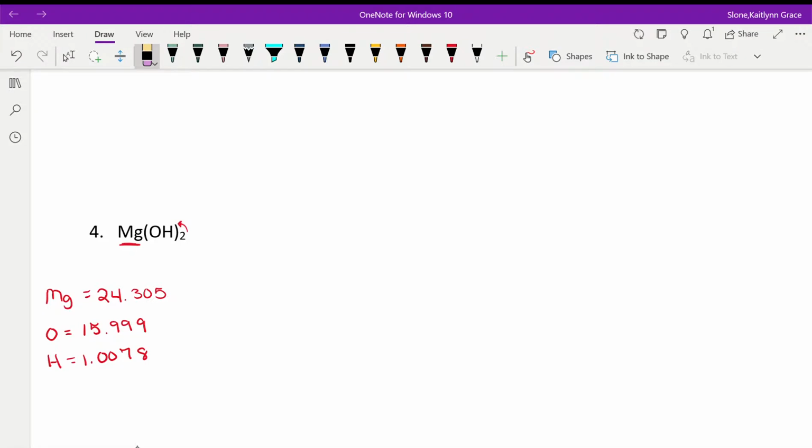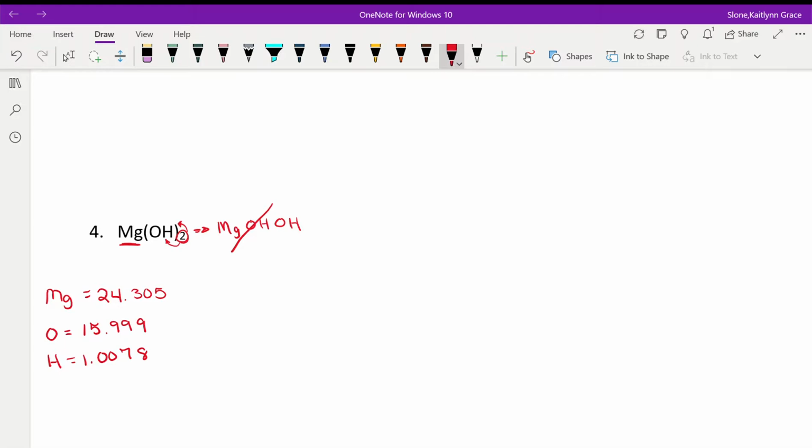So if you look at this, it's like saying MgOH with another OH. You wouldn't write it that way, but that is what that notation is representing. It's representing that we have two hydroxide ions.